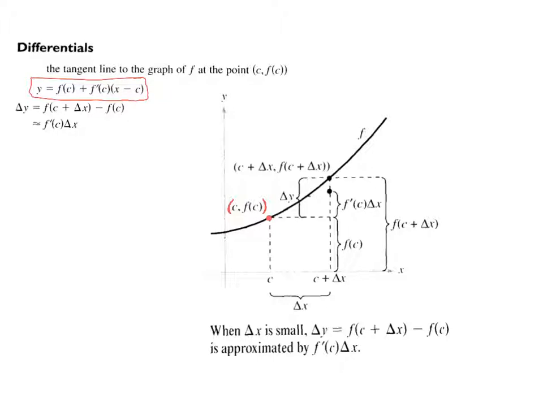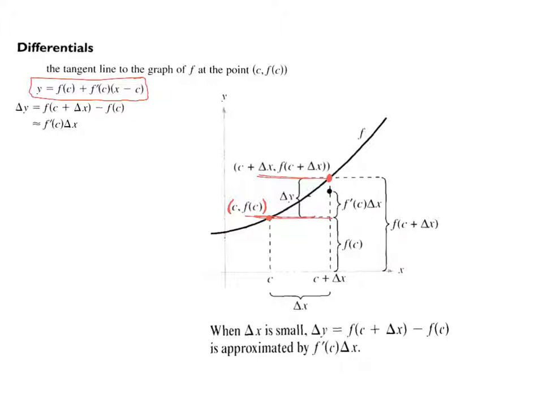You can see over here, we do c plus delta x, it's f of c plus delta x. So the delta y is going to be this y value minus this y value: f of c plus delta x minus f of c. Just like you're getting slope back when we did derivatives for the first time.